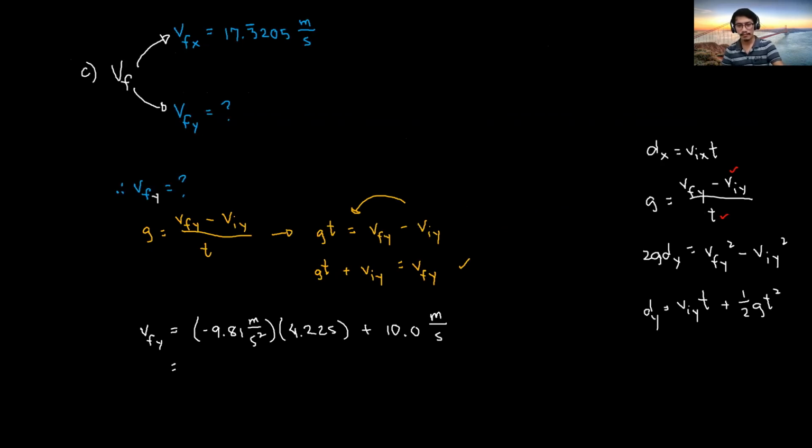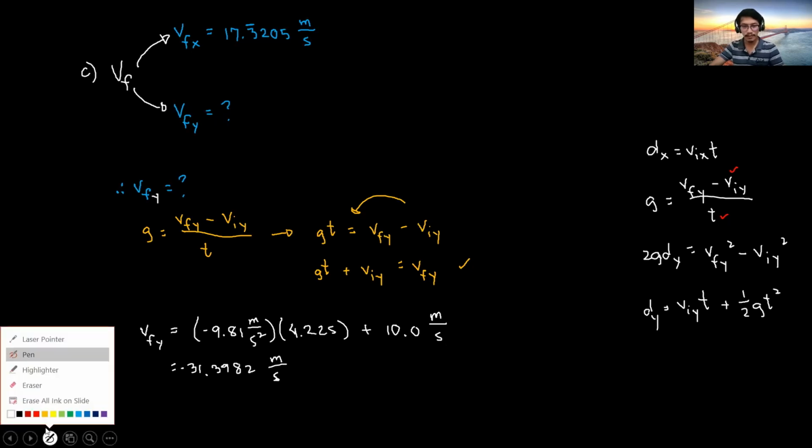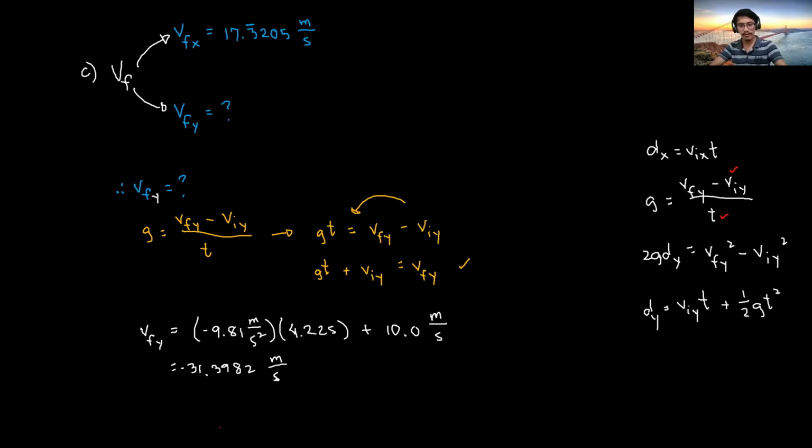So, calculate lang natin. And that is negative 31.3982 meters per second. So take note how many significant figures lang yan.